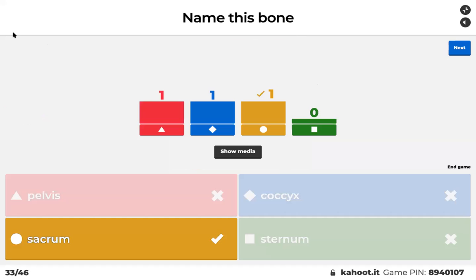So it's not your pelvis, because these ones are part of the vertebral column, which is your sacrum.